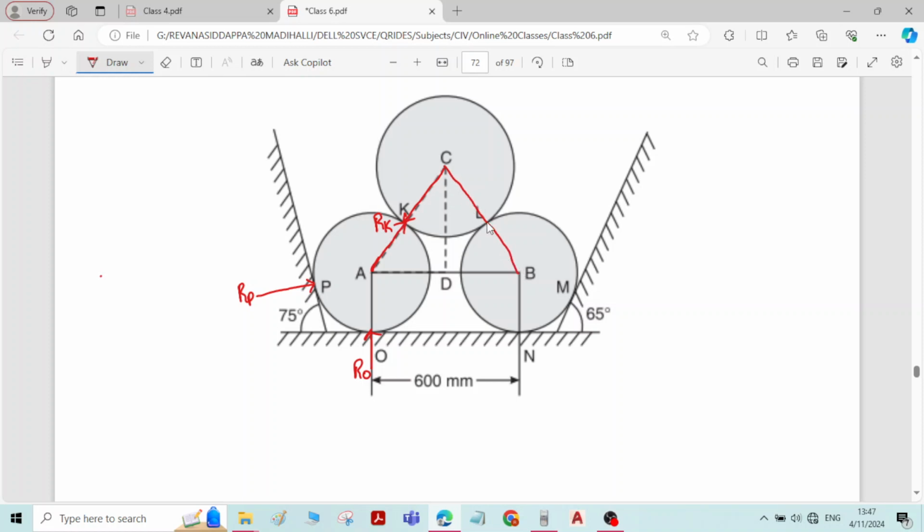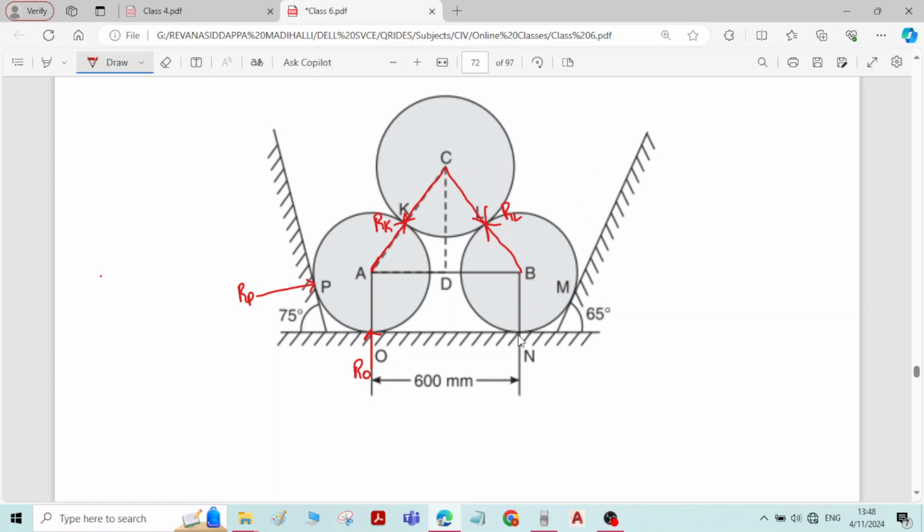For sphere C, there will be reaction from sphere B. For sphere B, there will be reaction from sphere C. So that is RL, and both the reactions are equal and opposite to maintain the equilibrium.